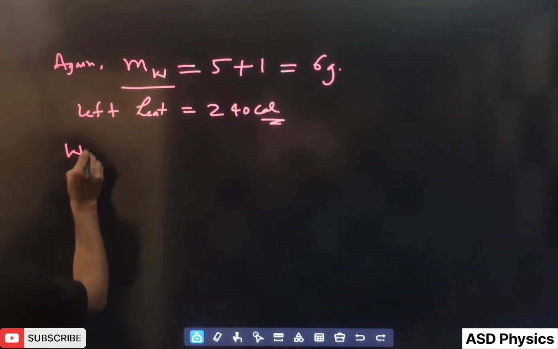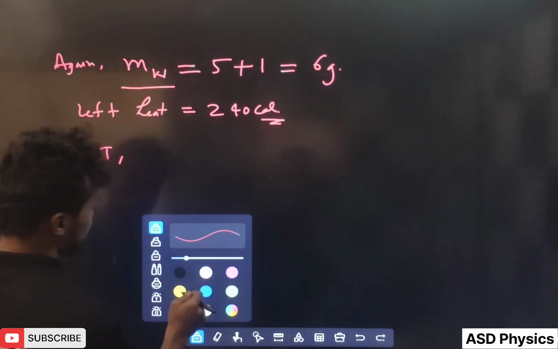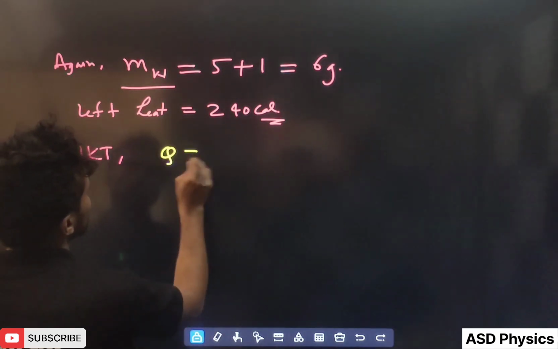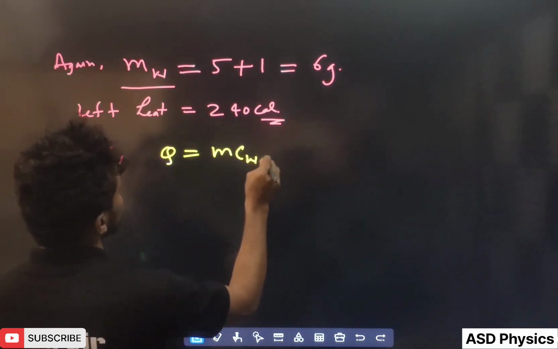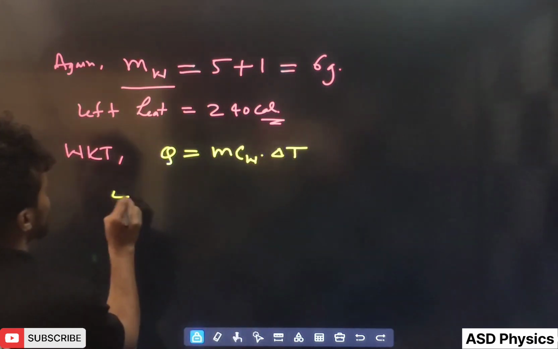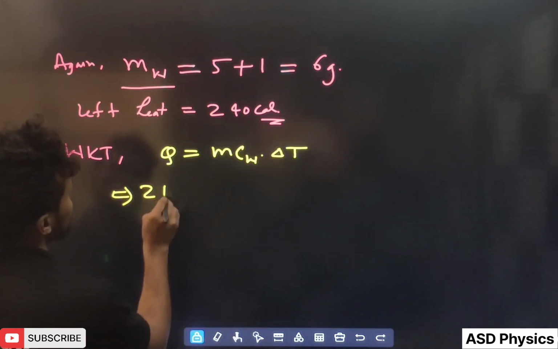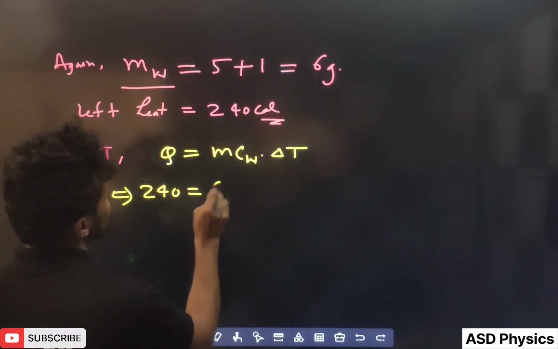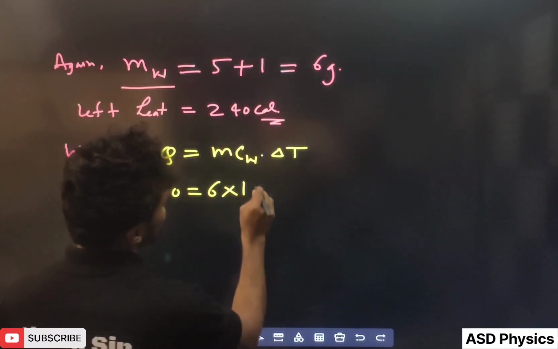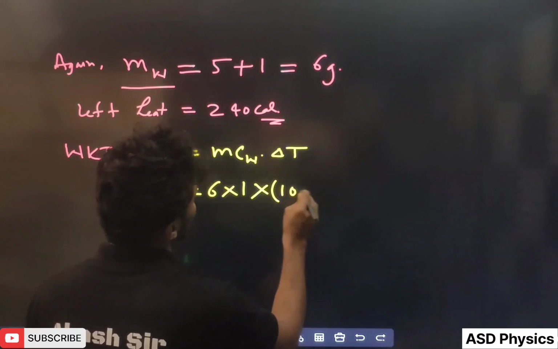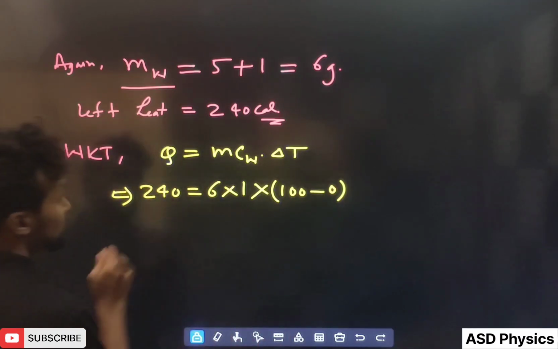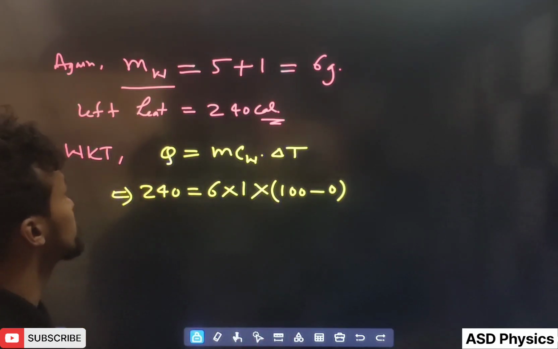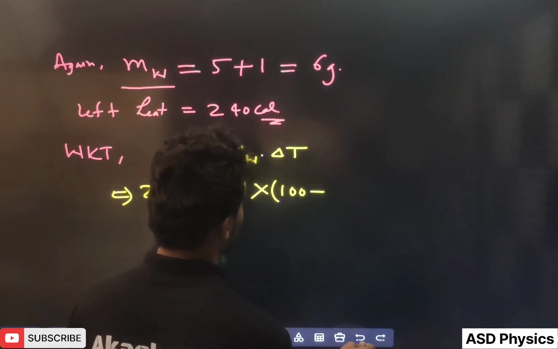So what will we use here? We know the formula Q equal to M C water delta T. Q is 240, mass is 6, specific heat capacity of water is 1, and delta T is, oh, mistake happened.